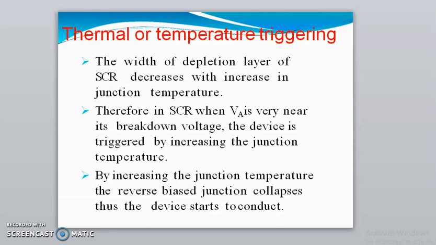The thermal triggering method and the voltage triggering method both go in parallel. Why am I saying this? Because when we are increasing the voltage, the SCR will get heated, and when the SCR is getting heated, it means the temperature of the junction is increasing. So both the methods of thermal triggering and voltage triggering go in parallel.